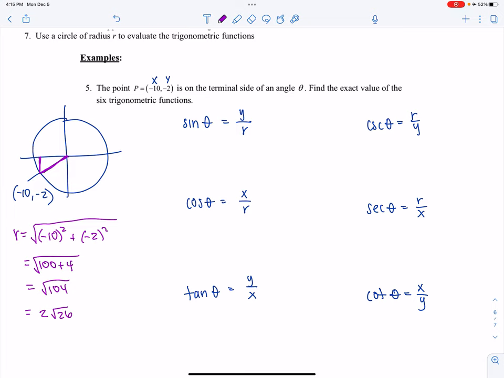So we have x, we have y, and we have r. So let's start finding out what are these values. So our sine of theta is y over r. This is -2 over 2 root 26, which reduces to -1 over root 26. And we don't want that radical in the bottom, so we're going to do radical 26 over radical 26, which leaves us with negative root 26 over 26.